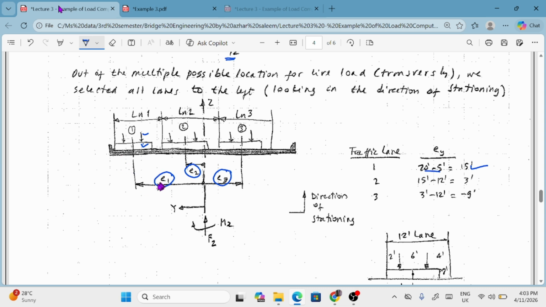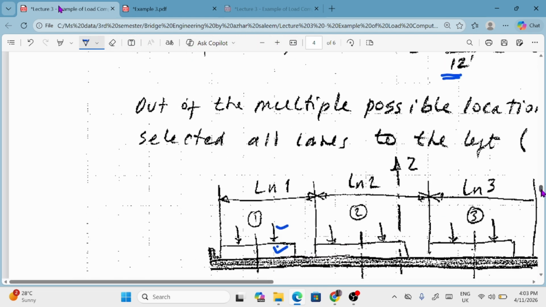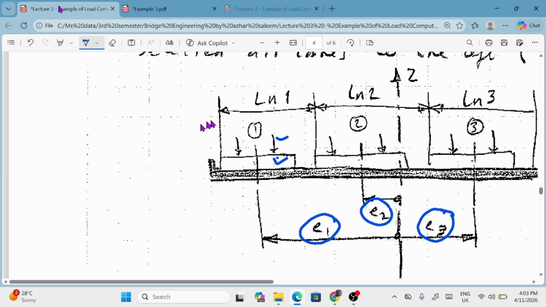First of all, if I zoom in and check here, this is 2 feet apart, and the wheel load is also 2 feet. This is 3 feet, 2 feet, and the two wheels are 6 feet apart, with 2 feet on each side.